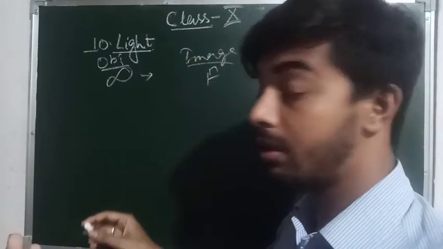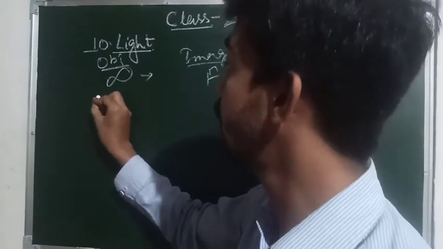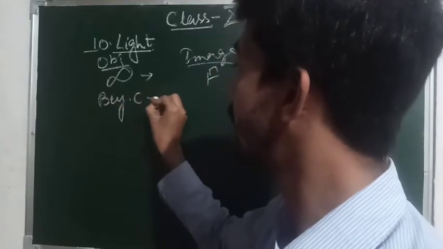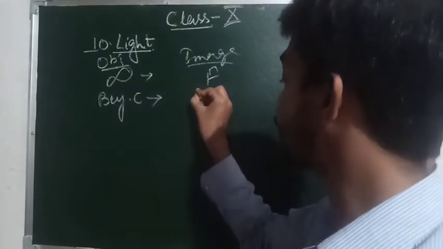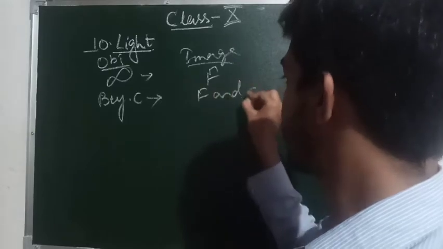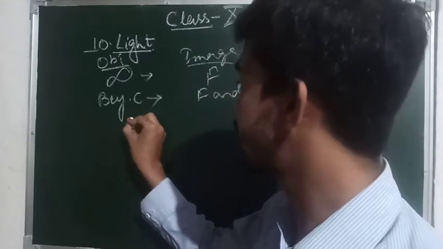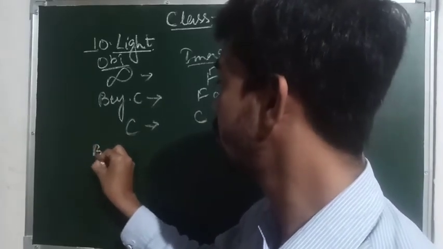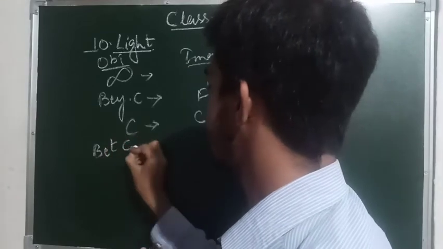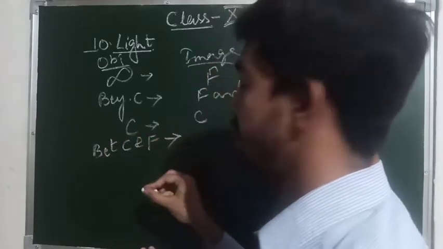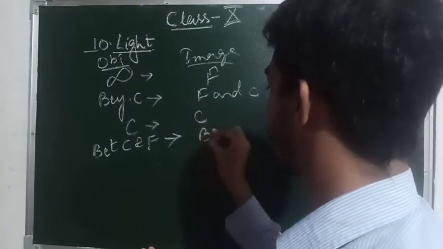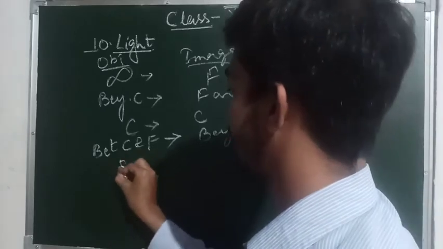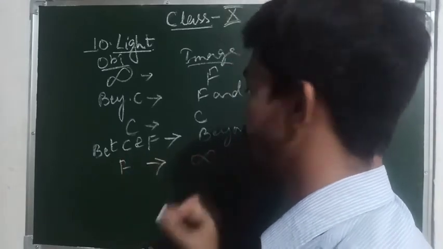Then the object comes a little bit closer, beyond C. At that time the image forms between F and C. Then when the object is at C, image forms at C. When the object is between C and F, image forms beyond C. And when the object is at F, image forms at infinity.